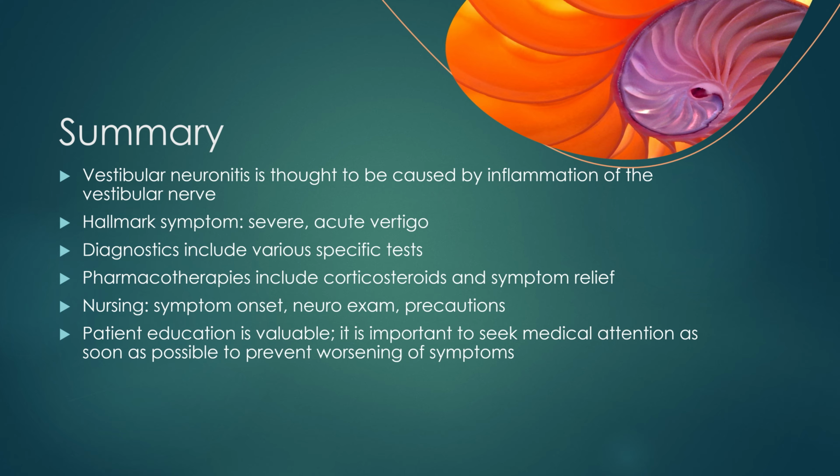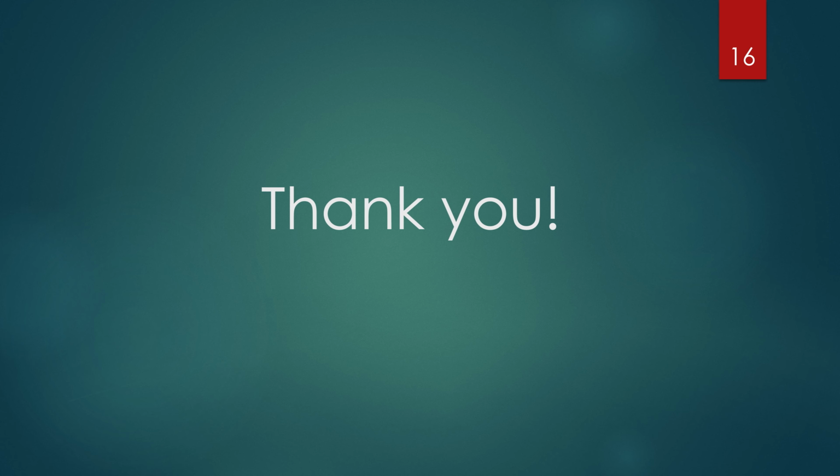Nursing considerations primarily involve the understanding of the onset of symptoms, a thorough neuro exam, and fall precautions. Patient education is valuable, as it is important to seek medical attention as soon as possible to prevent worsening of symptoms or adverse effects.